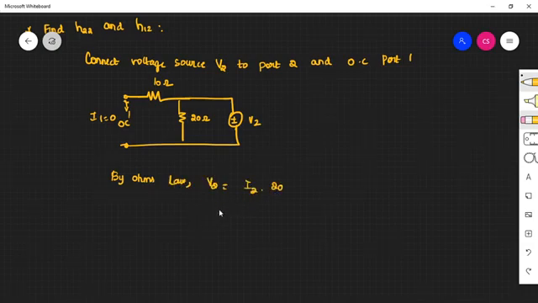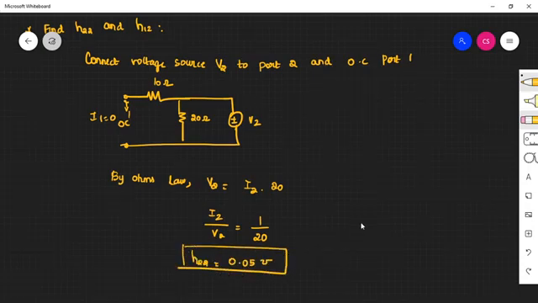So we can write I2 by V2 is equal to 1 by 20, which is nothing but H22. Therefore, H22 is equal to 0.05 mho. Right? V by I is represented in ohms, and I by V is the inverse of ohms, which is mho.